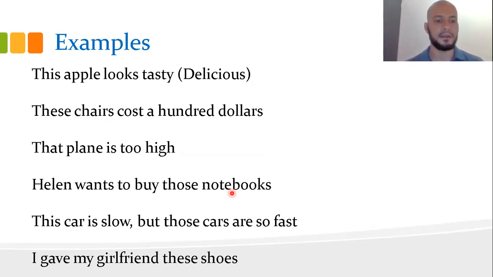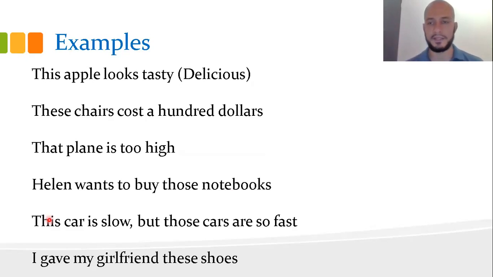Helen wants to buy those notebooks. Notebooks, of course, is a plural noun. And in this case, the notebooks are a little bit far away from me. They are not close to me. So that's why I use those.